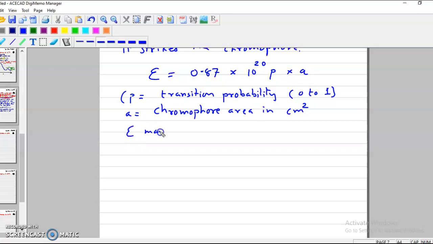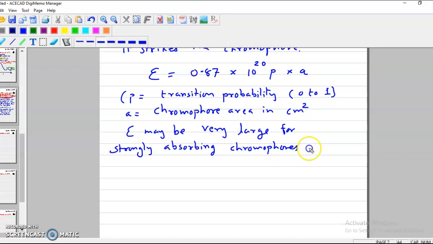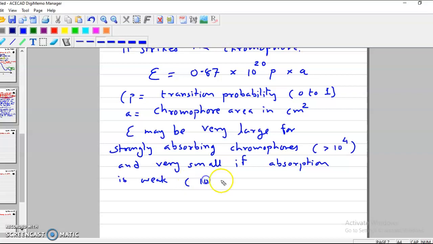Epsilon may be very large for strongly absorbing chromophores, which can be greater than 10 raised to 4, and very small if absorption is weak, and it can be 10 to 1000.